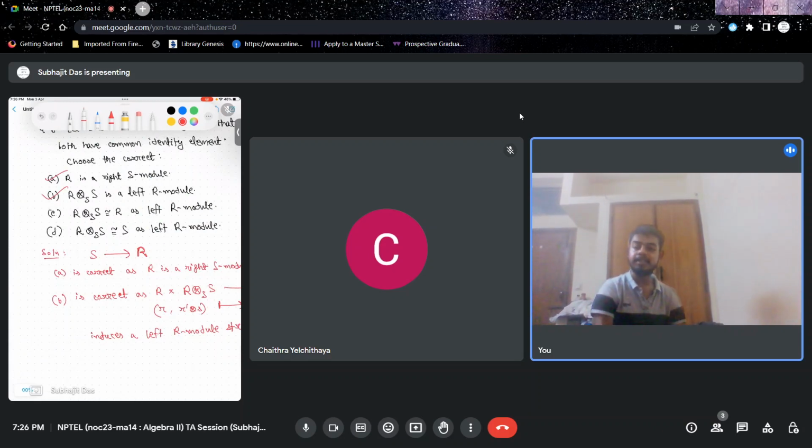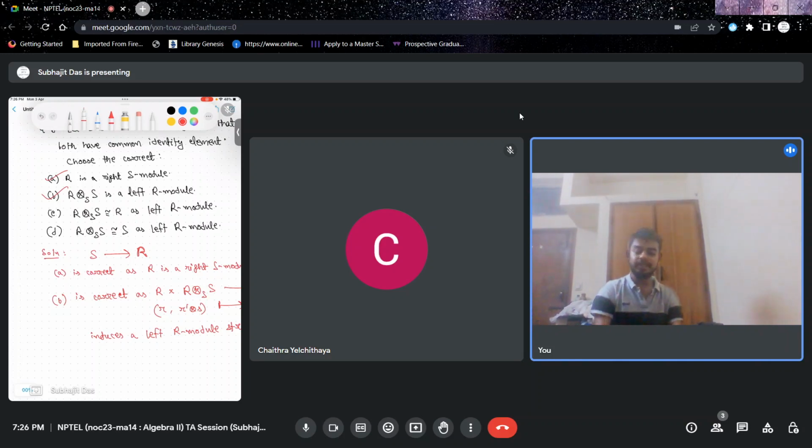Certainly we know that R tensored over S with S and R are isomorphic as S modules, but they are actually isomorphic as left R modules as well, not only just left S modules.